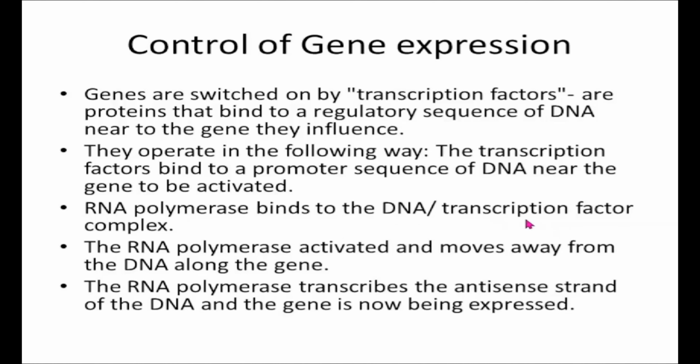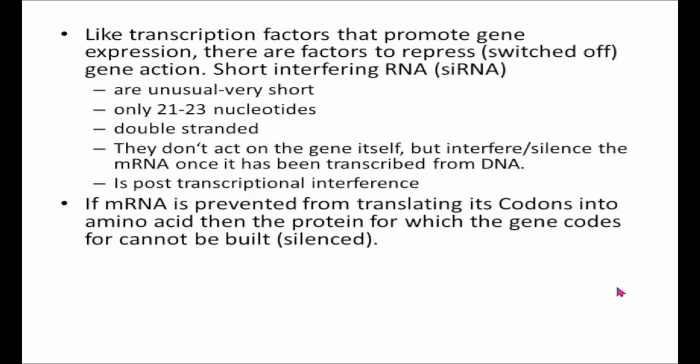Then it makes what? A transcription factor complex. The RNA polymerase is activated and moves away from the DNA along the gene. The RNA polymerase transcribes the antisense strand of the DNA and the gene is now being expressed.